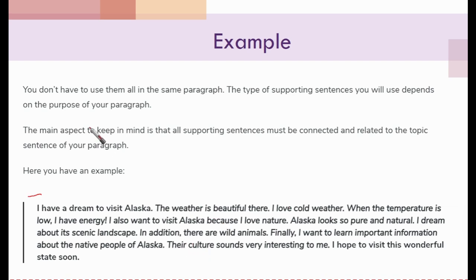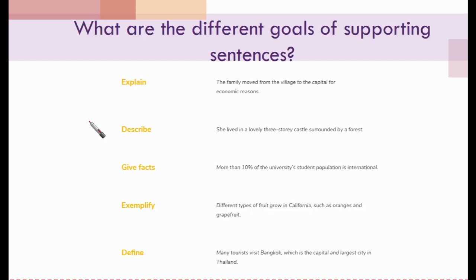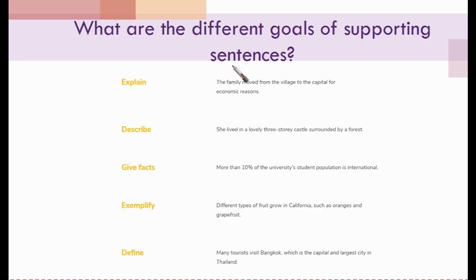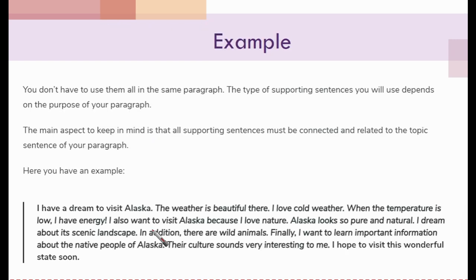So you don't have to use them in every paragraph. There are different types of supporting sentences. You don't have to use them all, but these are just examples. So you can choose some of the functions of supporting sentences and use them when you write.